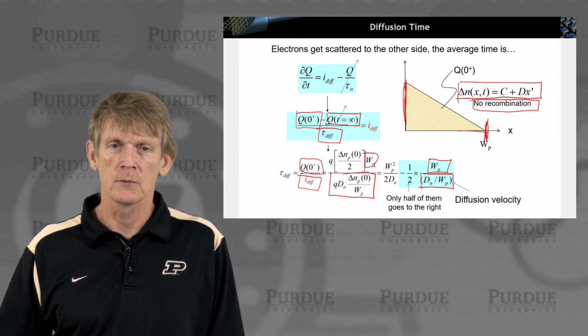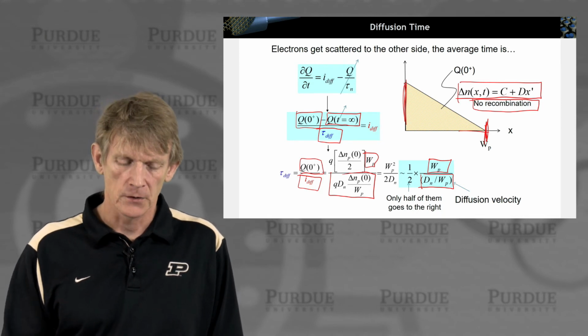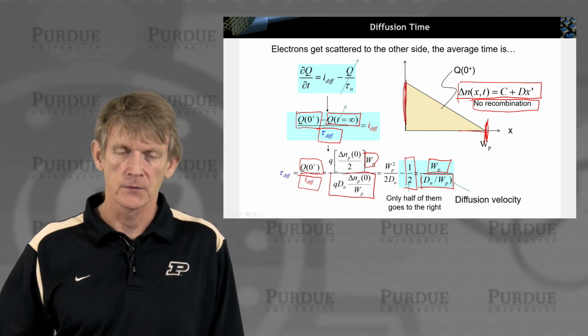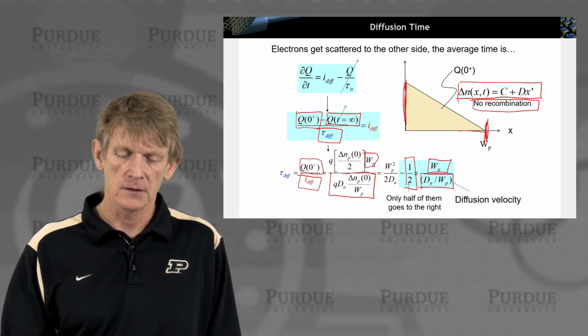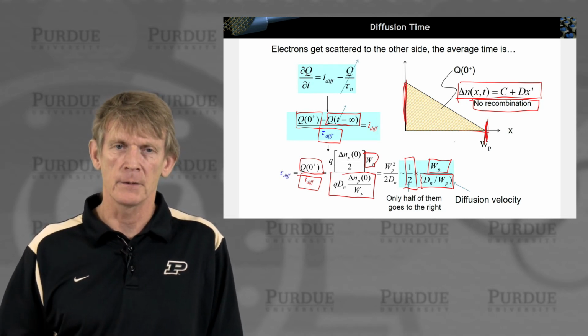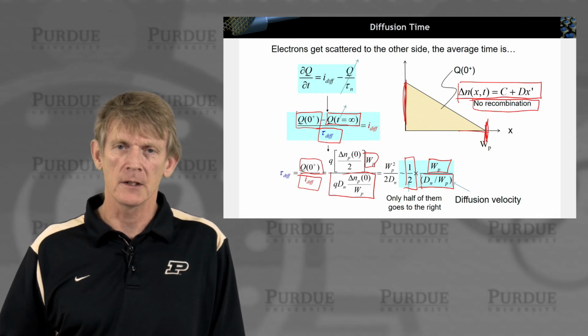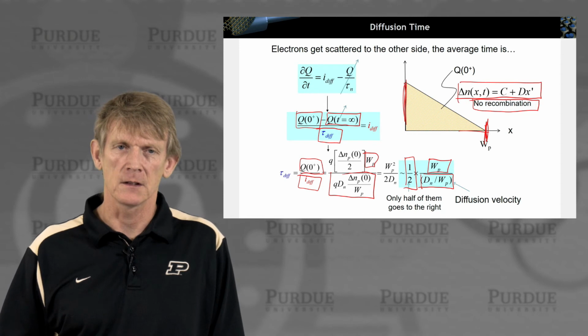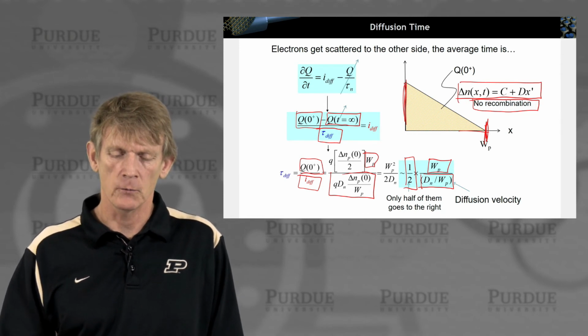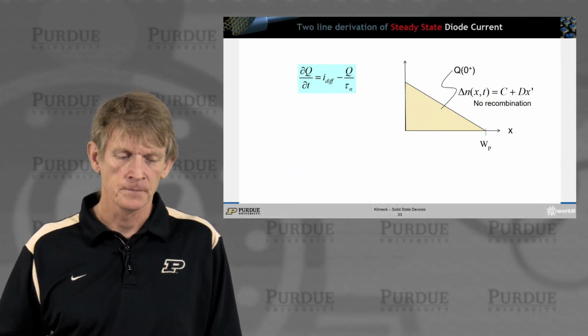And only half of them travel to the right, so that's this factor here. That's the physical interpretation: carriers traveling over the distance WP in a diffusion-dominated way. They don't recombine, and they have a diffusion velocity. So that's a concept we can introduce and use.